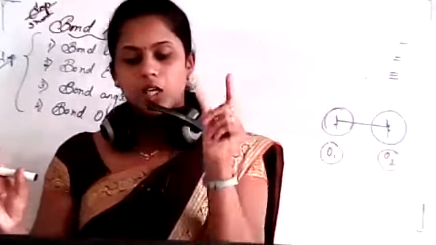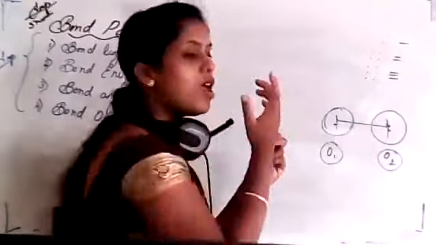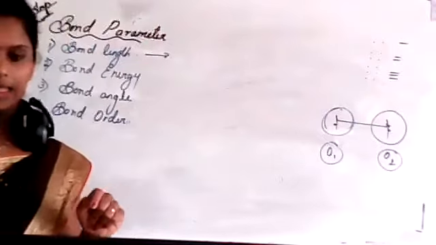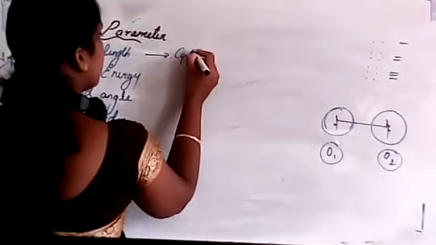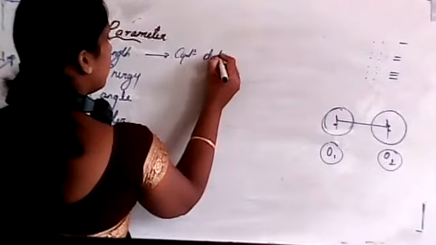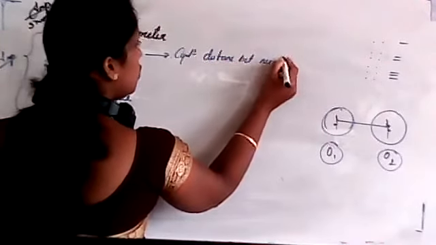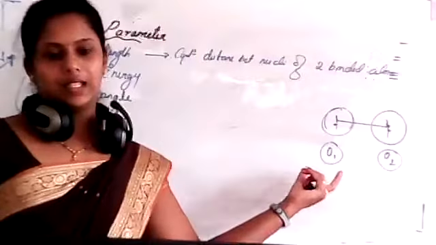It is the equilibrium distance between the nuclei of two bonded atoms, and it is known as bond length. Very important.